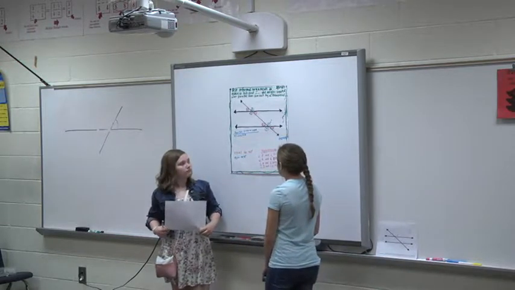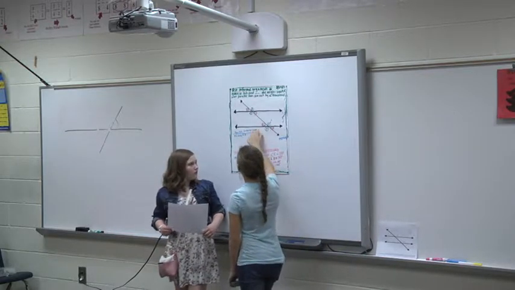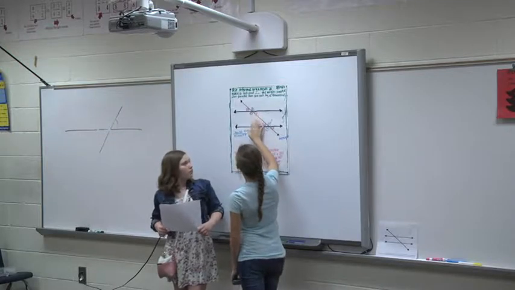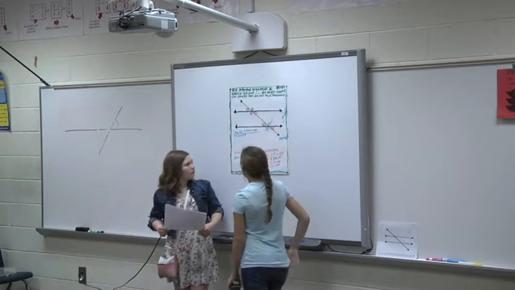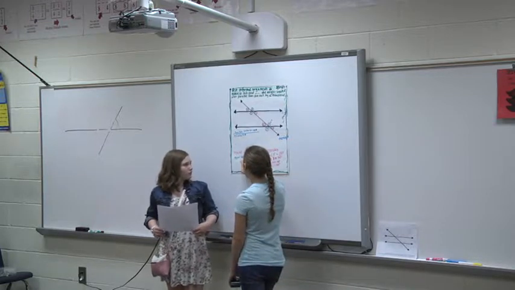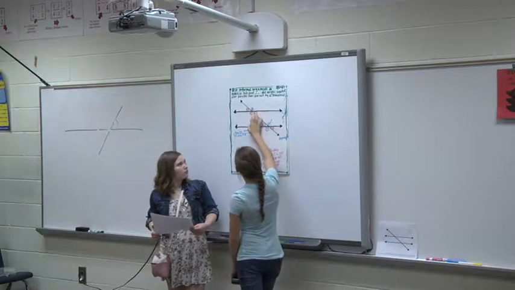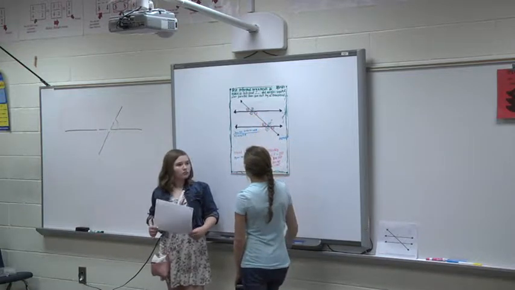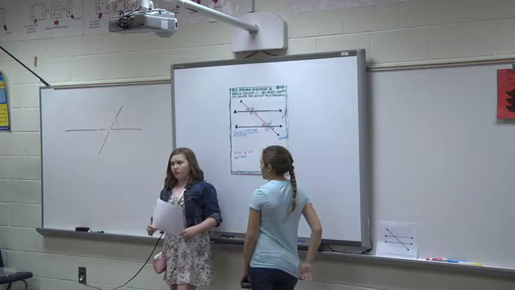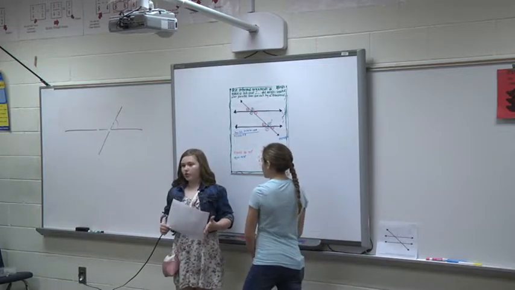And then we did, and the pink is supposed to be equal to 40 degrees, so A and C and then E and G both equal 40 degrees, and the blue is equal to 140, so B and D and F and H are both equal to 140 degrees. That's about it.